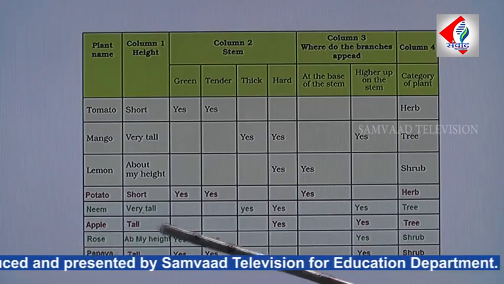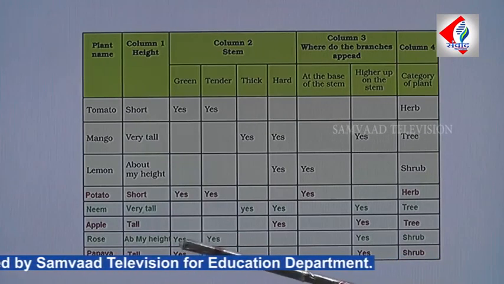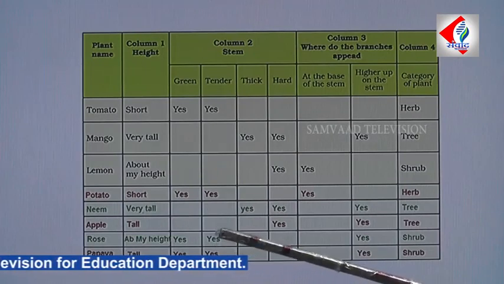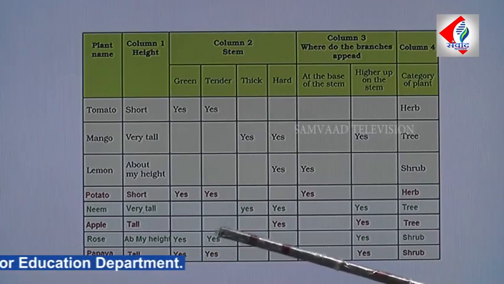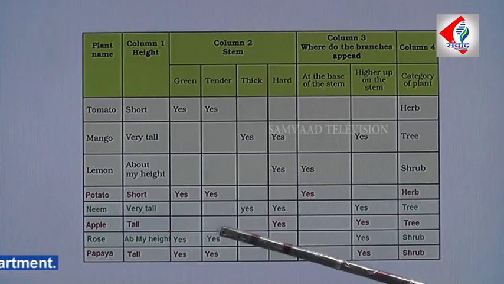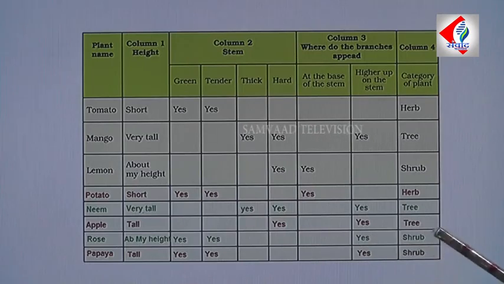Rose, again not very tall, stem is green, it is quite tender. Sometimes due to aging it can be a little tougher, a little more hard, but it is a shrub because the branches grow higher on the stem. So this is how you should categorize the plants. I hope it's very clear to you.